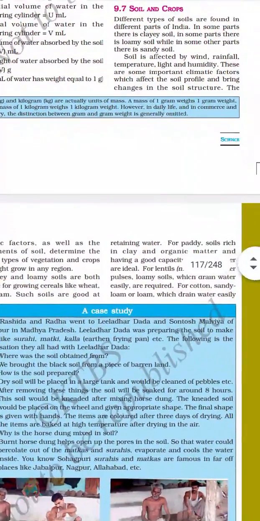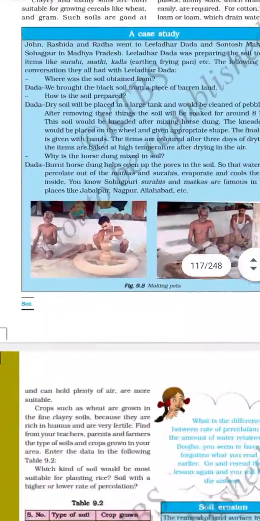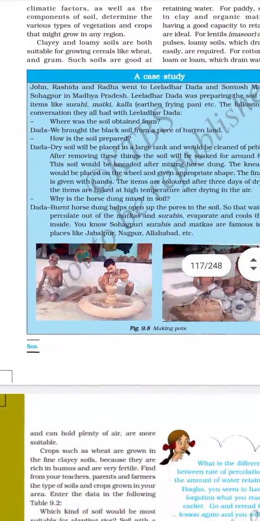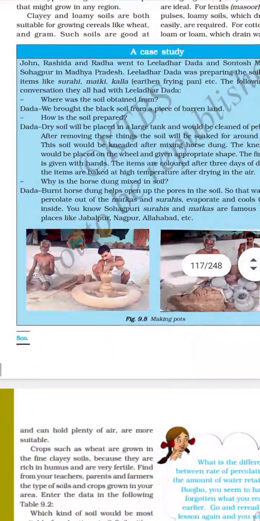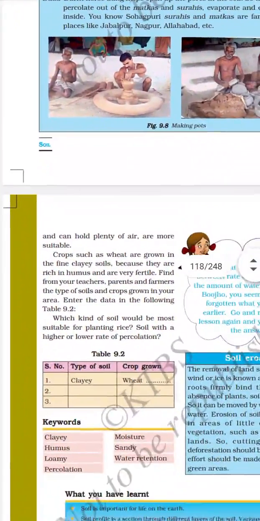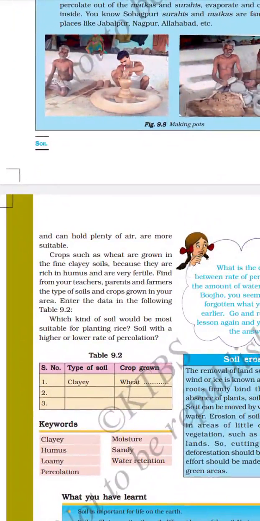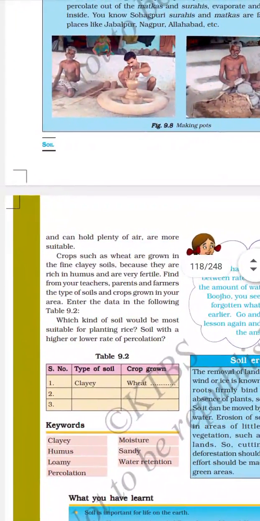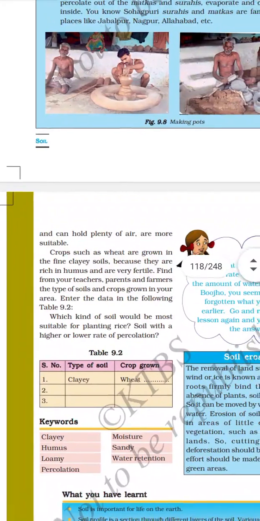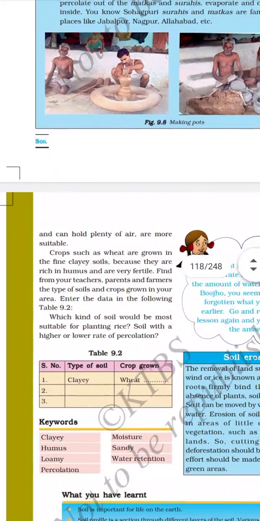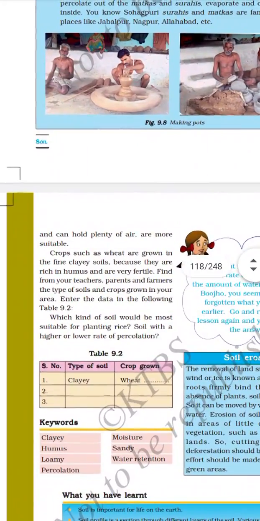For cotton, sandy loam or loam is required to drain water easily, and can hold plenty of air, and are more suitable. Crops such as wheat are grown in fine clayey soils because they are rich in humus and are very fertile.